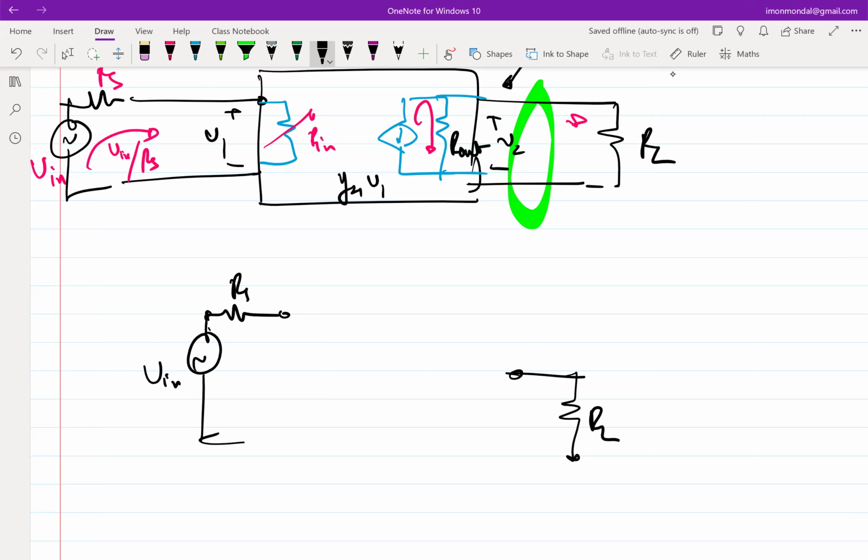Whatever we have to put inside this box should be such that, again, we were not trying any voltage controlled voltage source, we were trying a voltage controlled voltage source with a gain of unity, with a gain of 1.